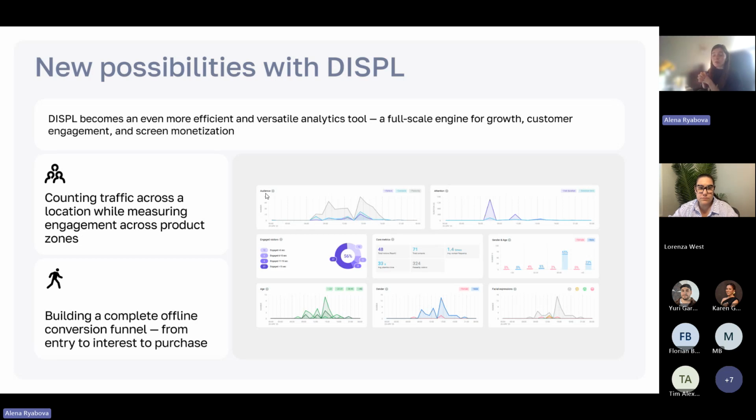We can marry it together and understand that this man bought this and this. And if we have a lot of data like this, we will be able to see the consequences, and we'll be able to see that men prefer, for example, this brand over another brand. And we know that we have a lot of men in this particular zone.